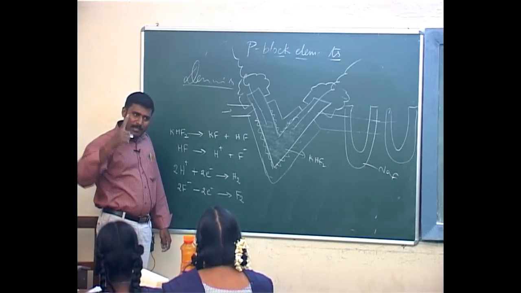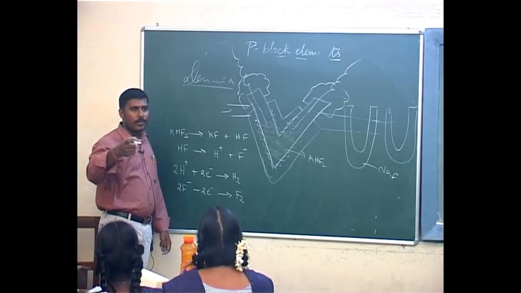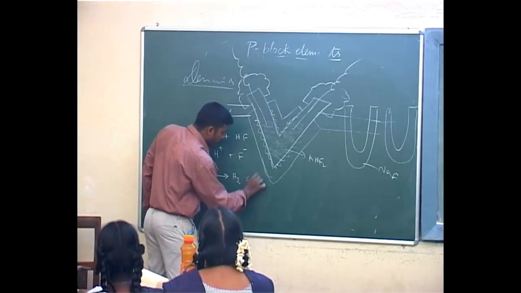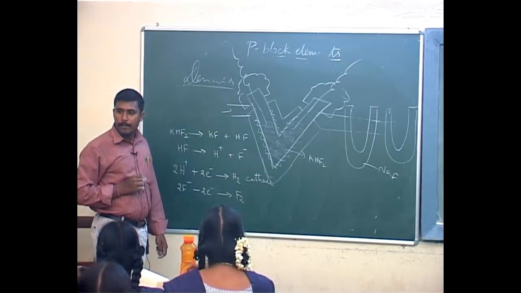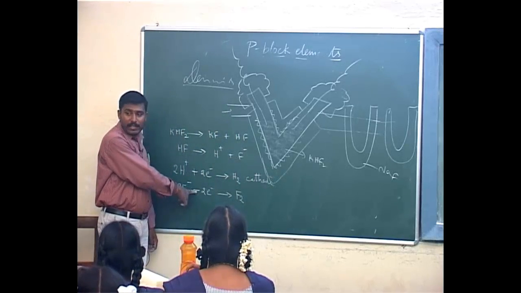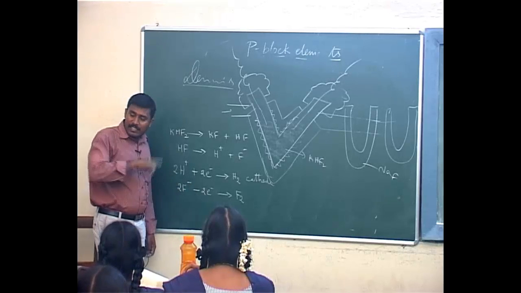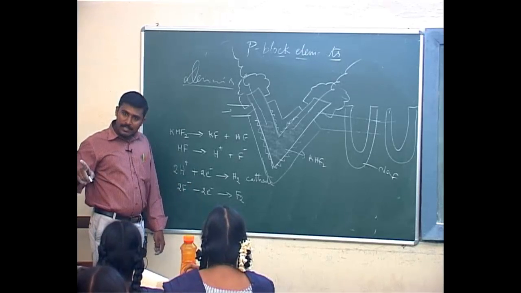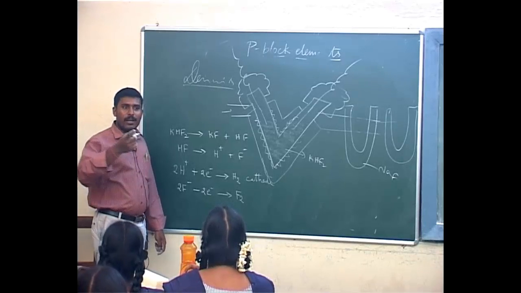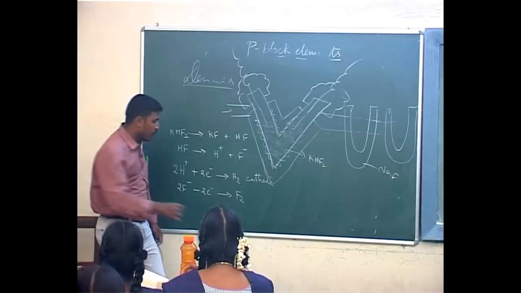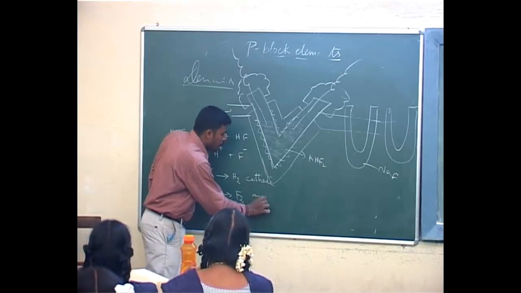So this reaction takes place in cathode. Here is a removal of electron. Removal of electron is oxidation or reduction? Oxidation reaction. Very good. Oxidation reaction takes place in anode.